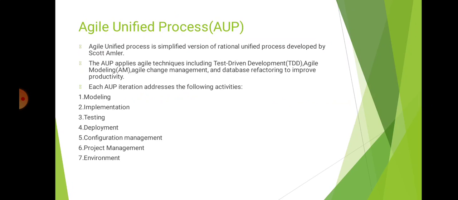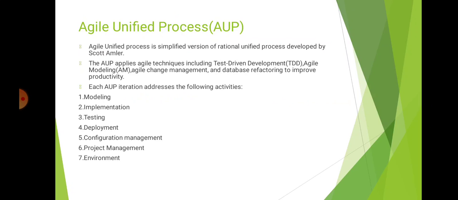We already have seen these phases in unified process. AUP provides a serial overlay, that is linear sequencing of software engineering activities, that enables a team to visualize the overall process flow for a software project.